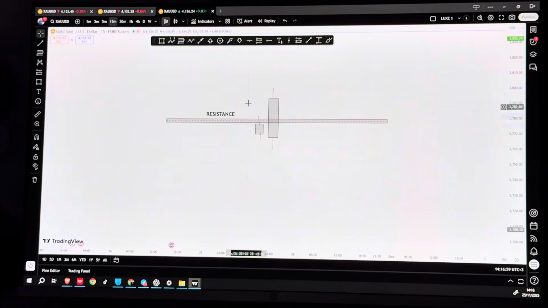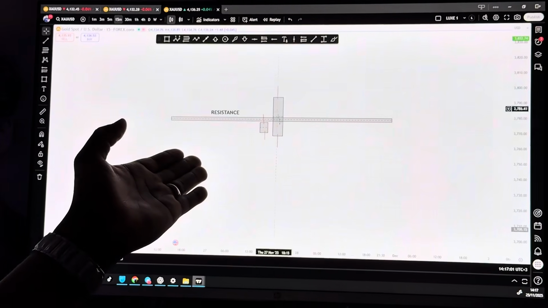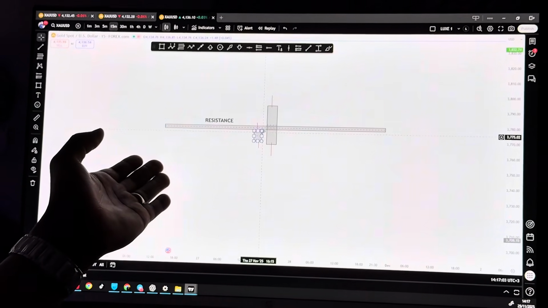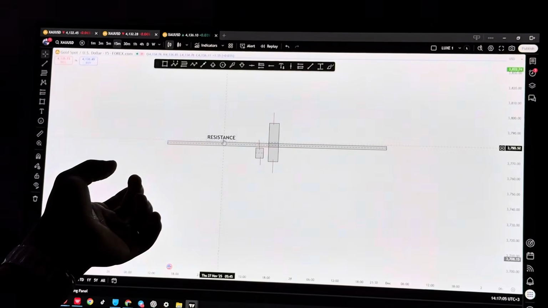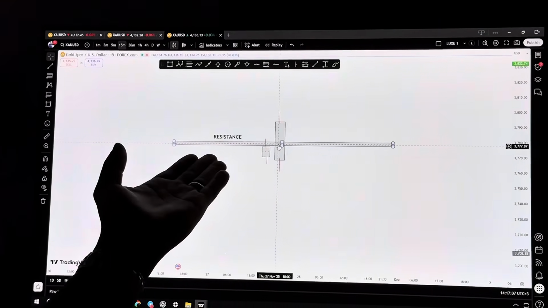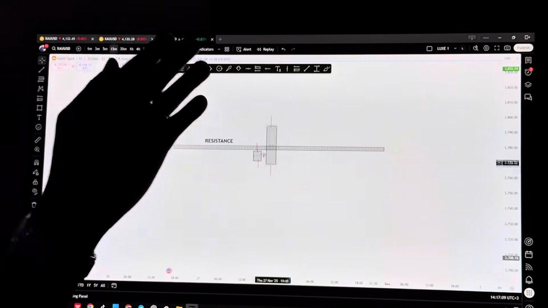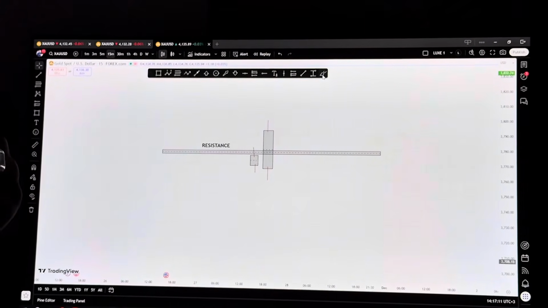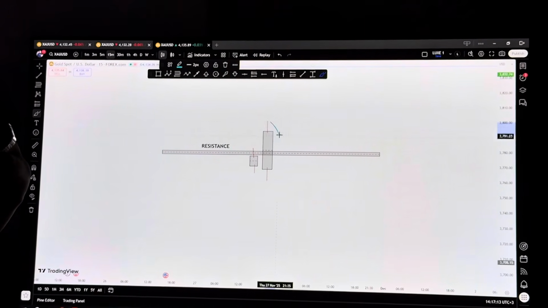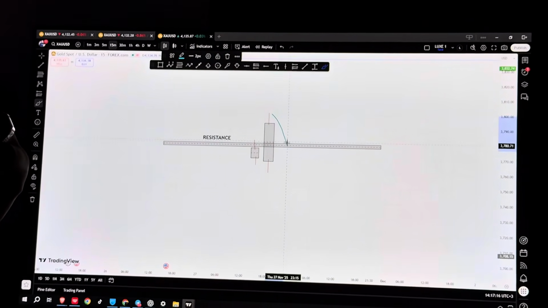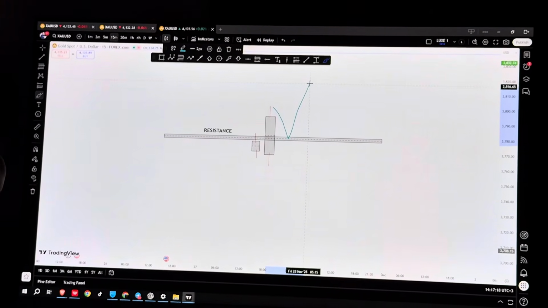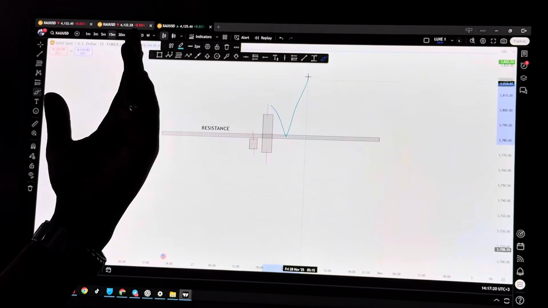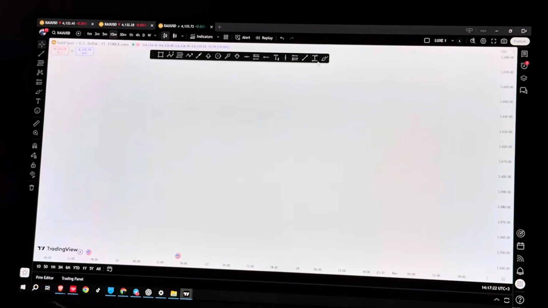When an engulfing candlestick like this breaks above your resistance or your support, in this case a resistance, what must it do? There must be a pullback to this zone for the market to continue to buy.